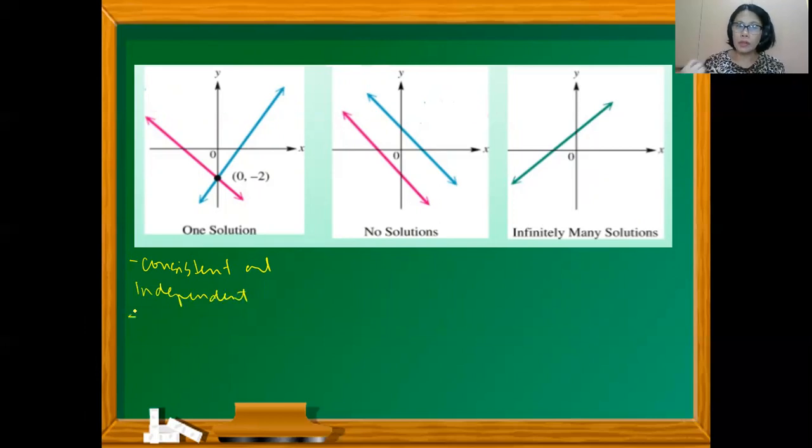Now, a consistent and independent system has a solution set which is a unit set, and the solution is actually their point of intersection. The lines intersect.